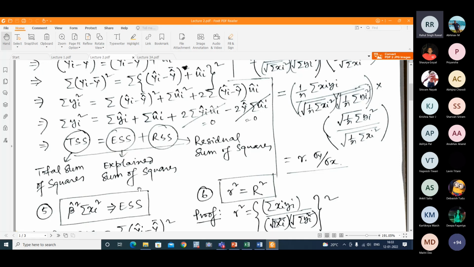What type of statistical issues may arise if the intercept is dropped from the regression model? Then you need to explain all these things.